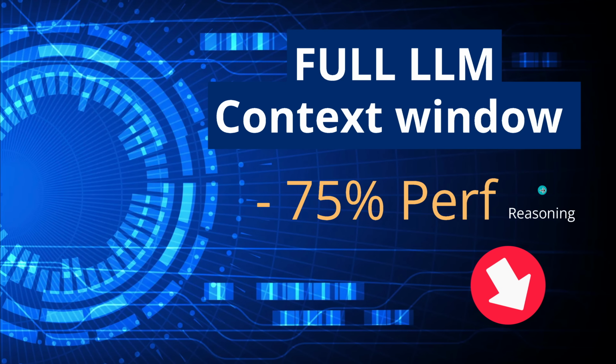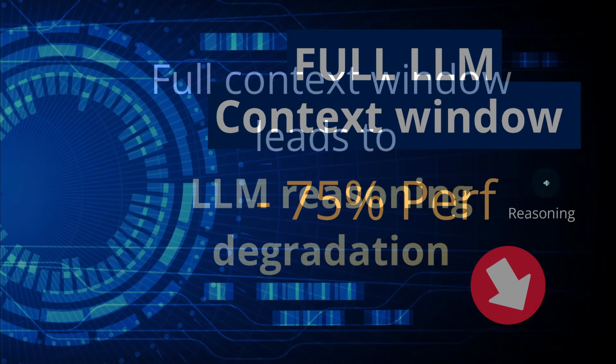But the moment you want to argue on a piece of text that is really huge, you want a causal argumentation, you want a system that understands it and deduces some logical answers, be aware that you could lose, in the worst case, 75% of the performance of the system overall if you fill up your context window.